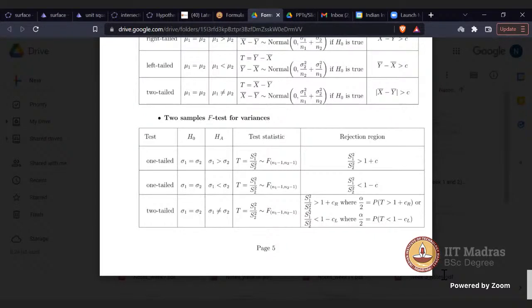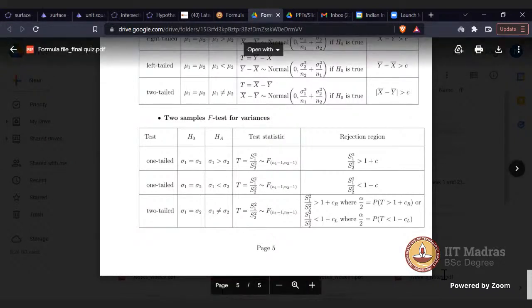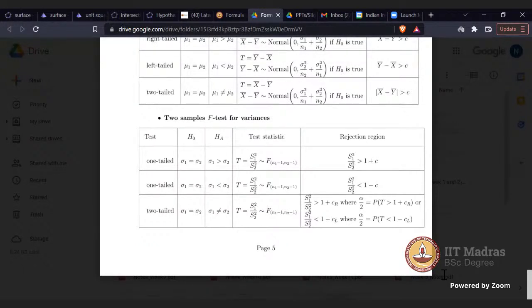If you take T to be S1 square upon S2 square, then you will reject your H0 if S1 square upon S2 square becomes greater than 1 plus CR. But if you take T to be S2 square upon S1 square, then you will reject your H0 if S2 square upon S1 square becomes less than 1 minus CL. Depending on the test statistic, that is what I meant.